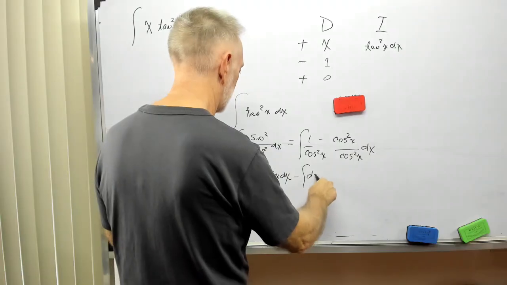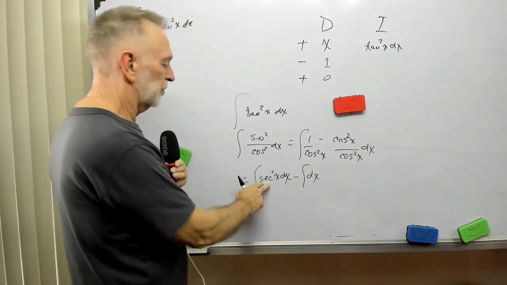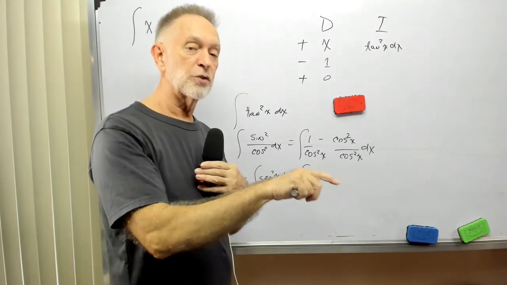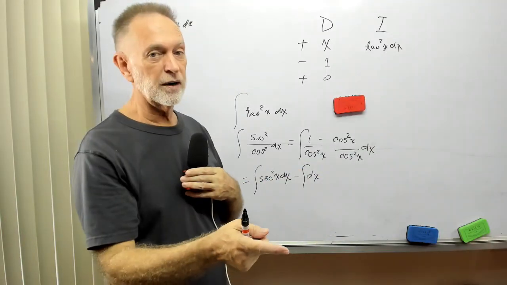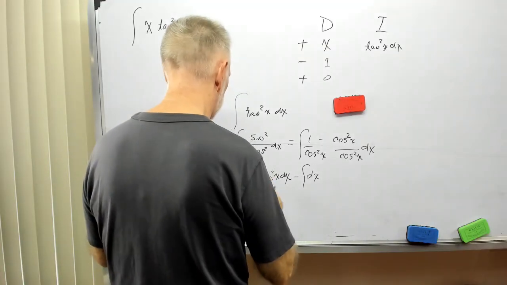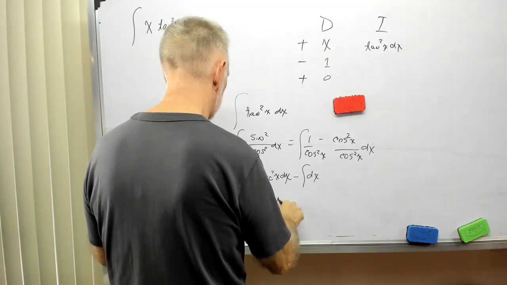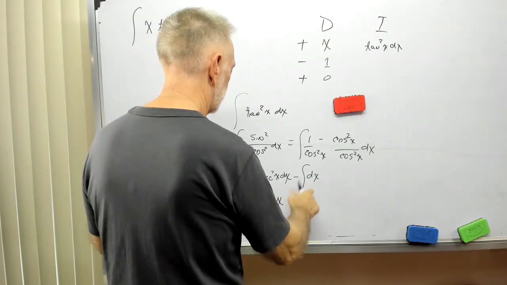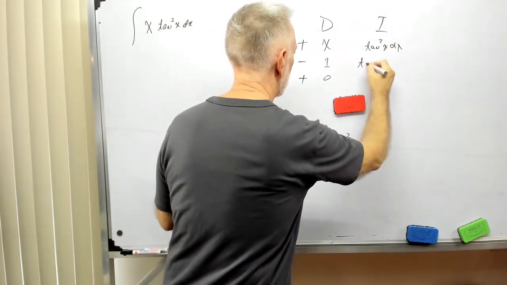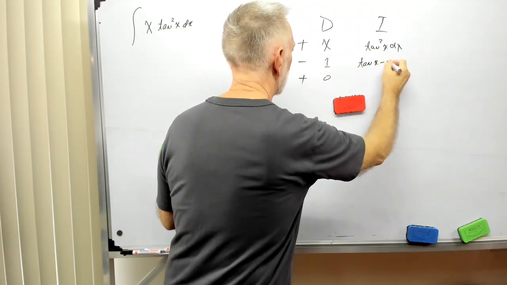So I'm just integrating dx. The derivative of tangent is secant squared. So the integral of secant squared is tangent x. Integral of dx is x. All right, so putting it together we have tangent x minus x.